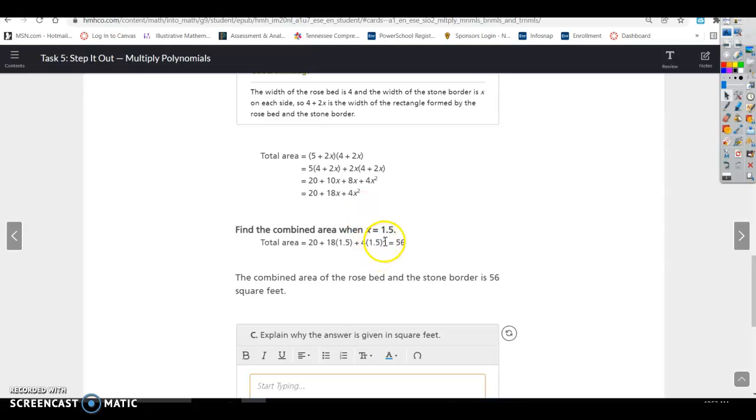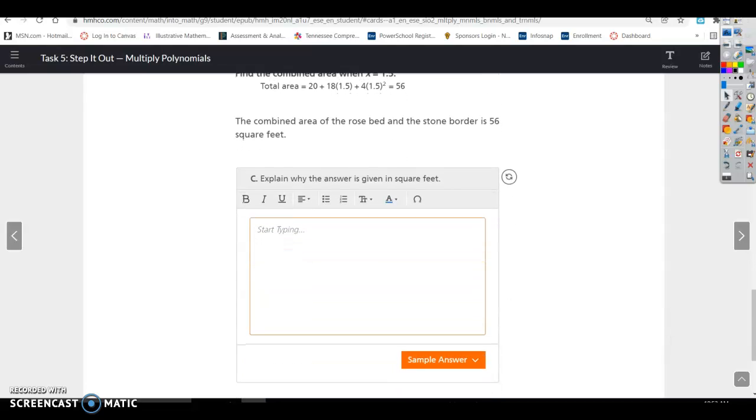So 1.5 squared times 4 plus 18 times 1.5 plus 20. I kind of did that backwards, but I'm used to having things in standard form, so I usually work with my exponents first. But if you type this in your calculator, it's going to give you 56. And that is 56 square feet because we are talking about area.